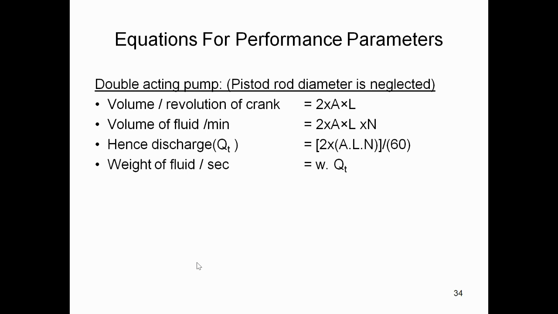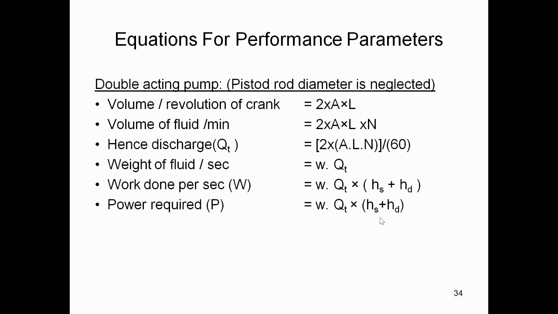Next, the weight of fluid per second is equal to w into Qt. Work done per second, capital W, is equal to small w into Qt into hs plus hd. This is the same as work done per second, that is power.